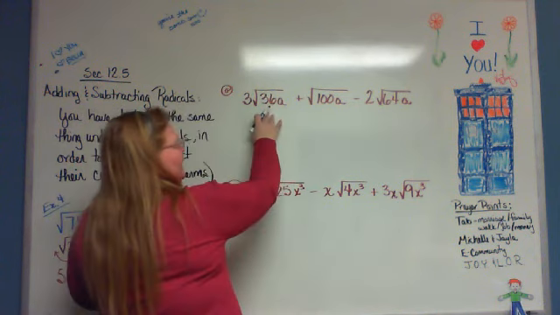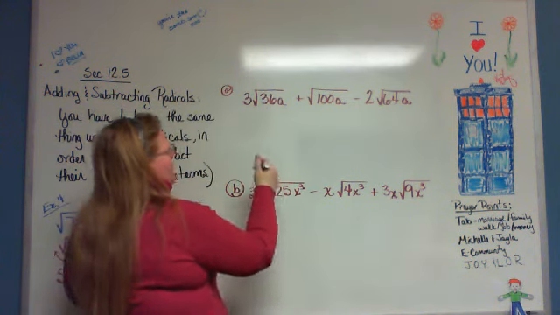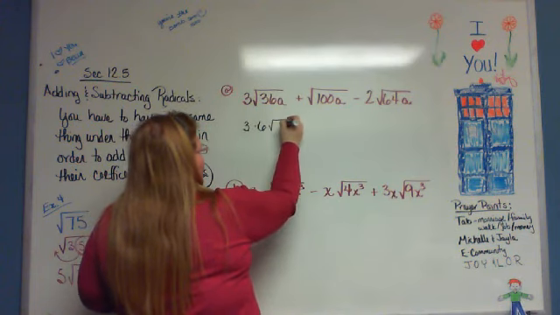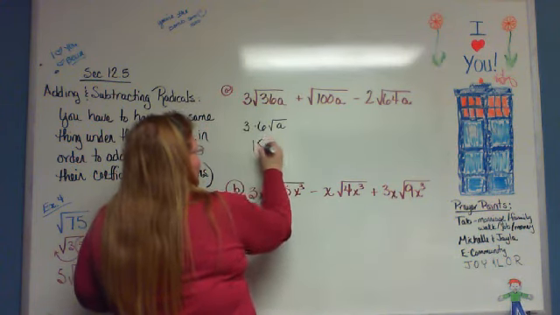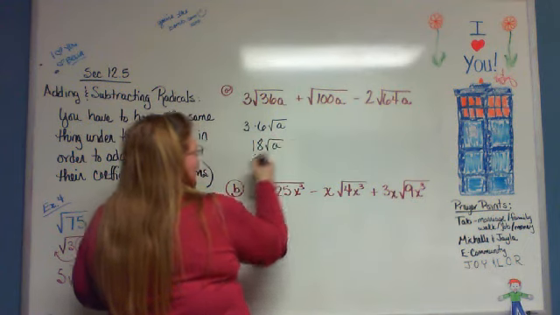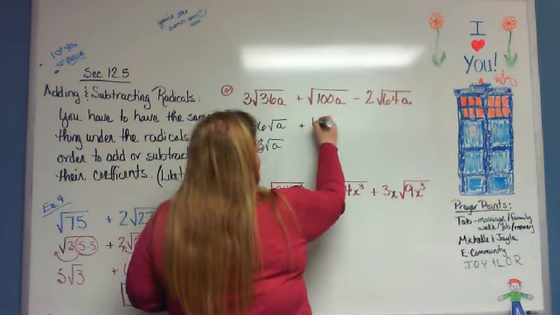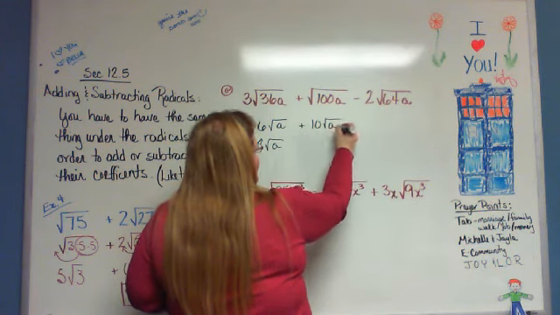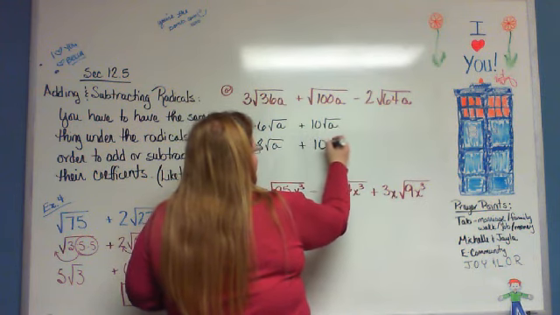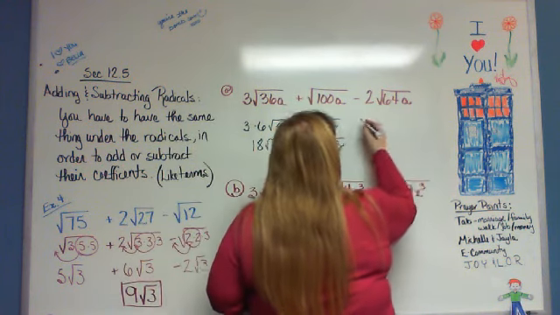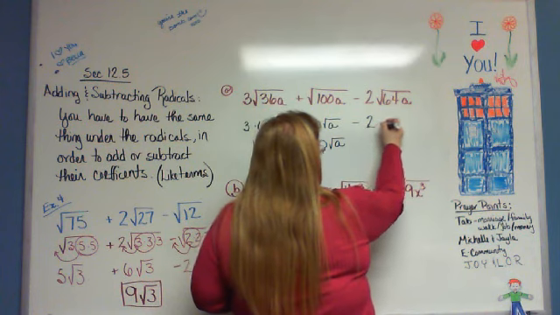I hope you looked at that and you saw right away that it was a perfect square. And so that would give you 3 times 6 square roots of A, which is 18 square roots of A. And then here, I'm hoping you saw right away that that was a perfect square as well. So that gives you 10 square roots of A. And then here, I'm hoping you saw that that was a perfect square as well.